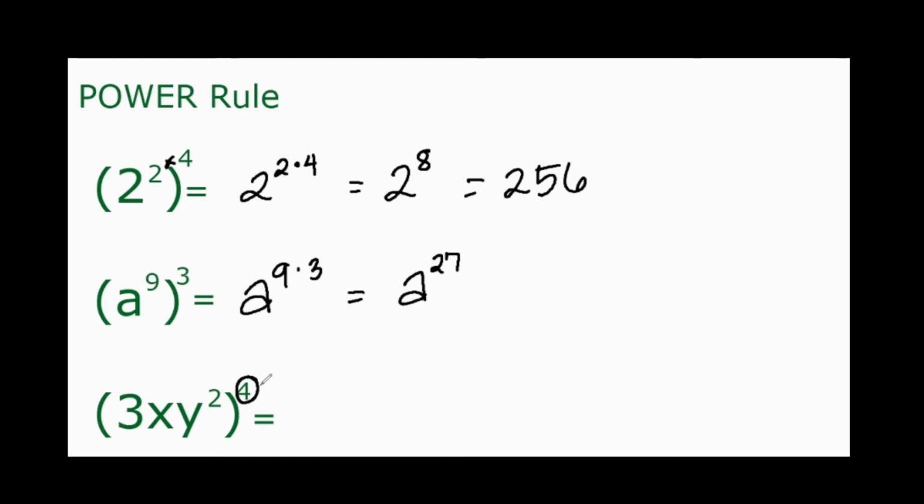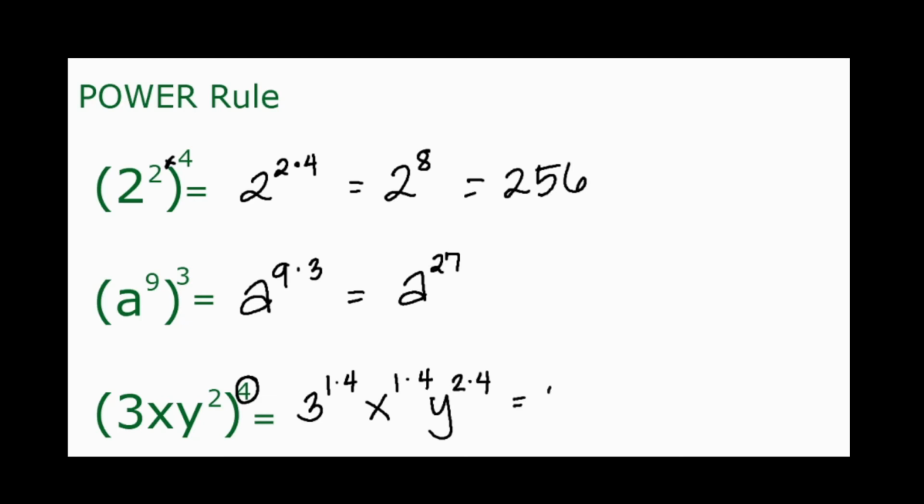The exponent 4 here should be distributed. Meaning we have to multiply 4 to the exponents of 3, x, and y. So now let's do it. We have 3 raised to 1 times 4, x and its exponent, which is 1, times 4 also, and y raised to 2 times 4. Now let's simplify them.